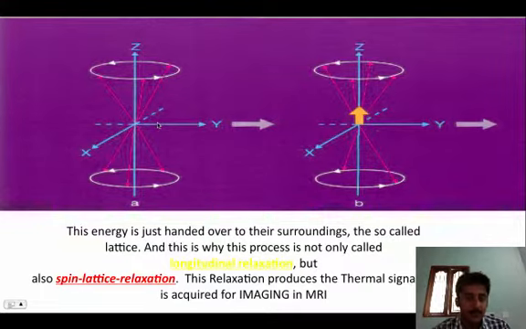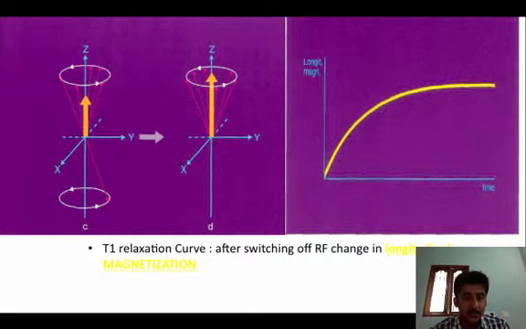We have another type of relaxation, which is called spin relaxation. Here we can see the spin lattice relaxation. See this proton, initially it is aligned. As these protons start aligning in the longitudinal direction, the positive z direction, the magnitude of the net longitudinal magnetization starts increasing gradually.